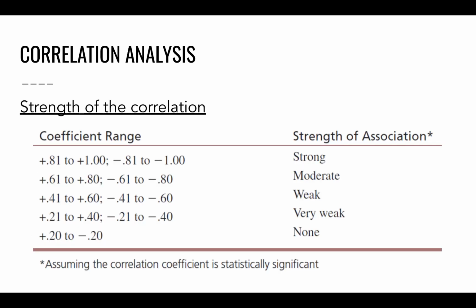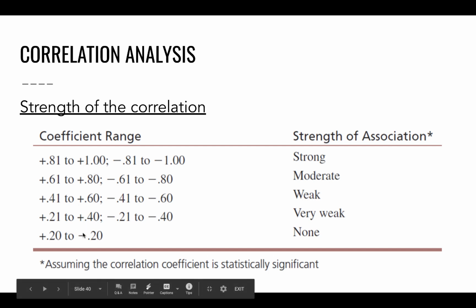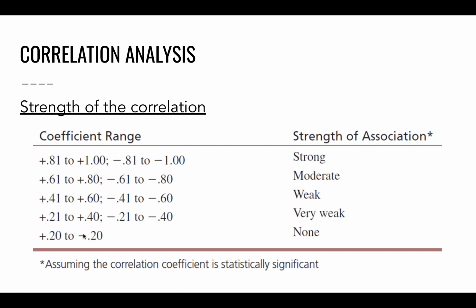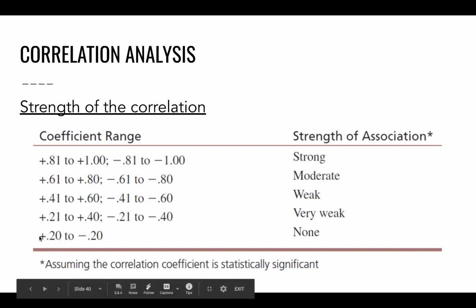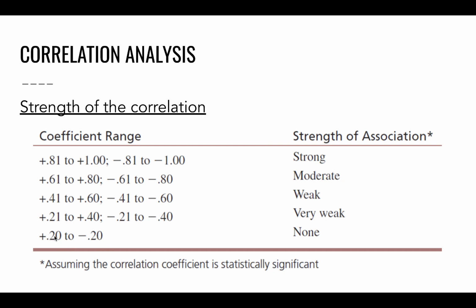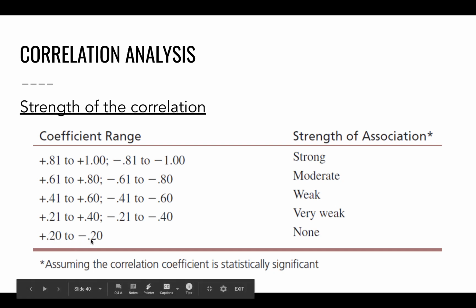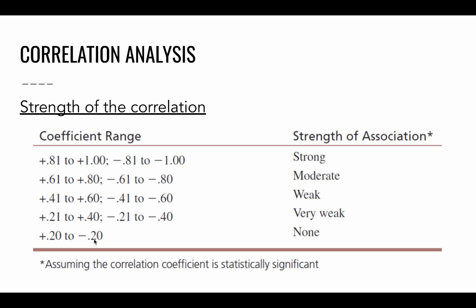Now, when we talk about the strength of a correlation, there are a couple rules of thumb that help you determine what is a strong versus a moderate or weak relationship. I'm not going to ask you to memorize these. These are just indications of what we consider a weak versus a strong relationship. Usually when your correlation coefficient is fluctuating around 0, anywhere between positive 0.2 and negative 0.2, you're going to have a very weak or non-existent relationship.